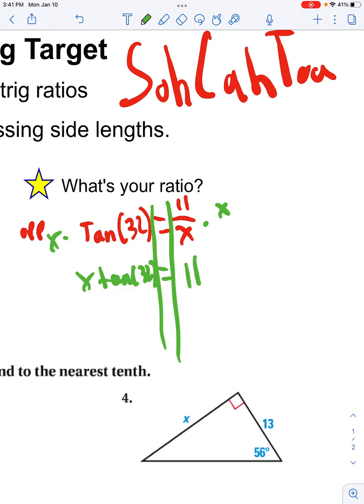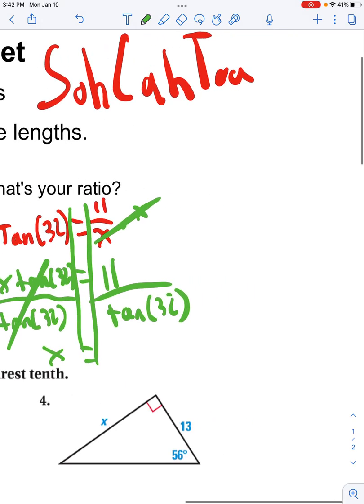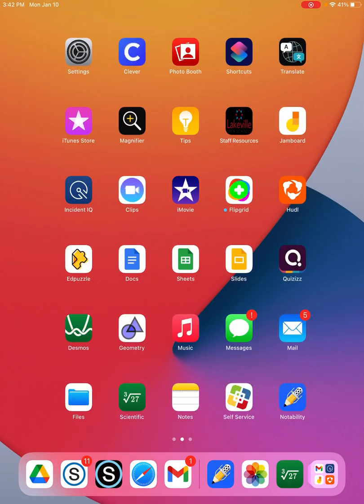So I get x tangent 32 equals 11, because this cancels out. Then I divide by tangent 32 so that this cancels out, and I'm just left with x equals 11 over tangent 32. Again, you'd have to use your calculator.